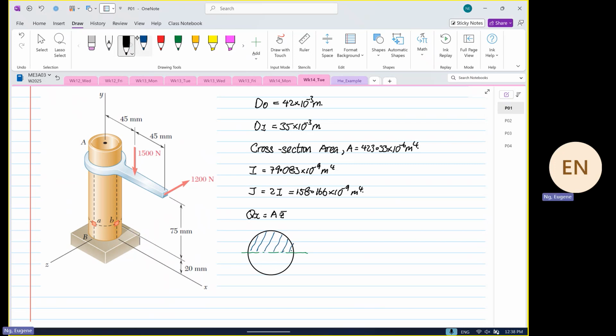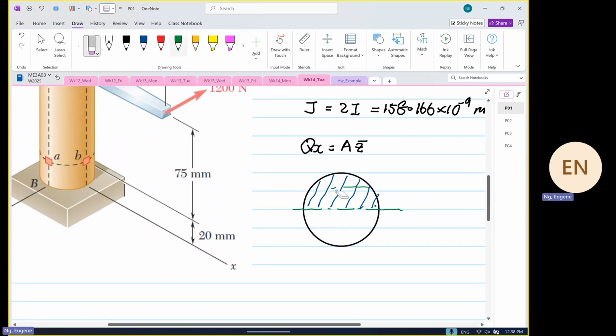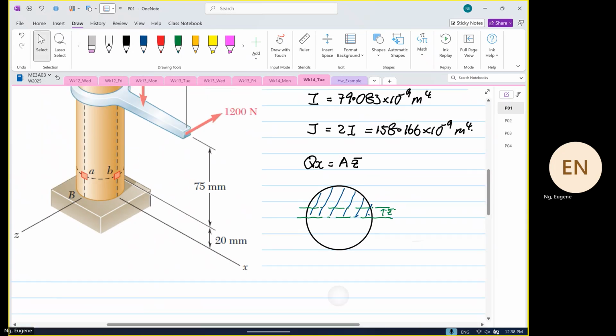And over here, this is our Z bar. Okay. Or not so high up, sorry. Let me draw it slightly lower. Okay, not so high. So we have our Z bar.